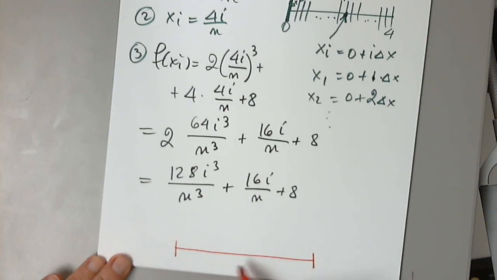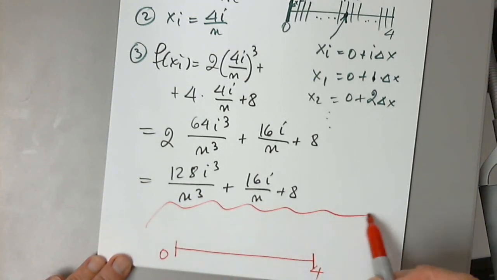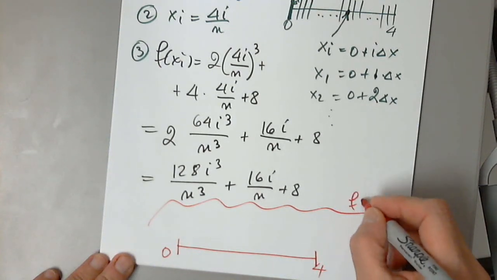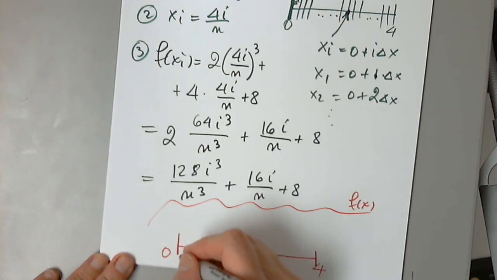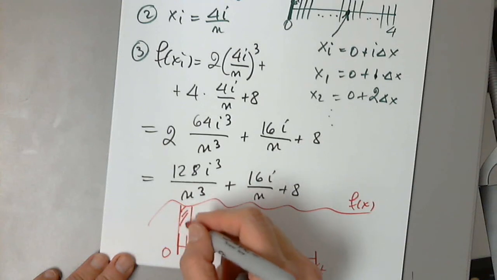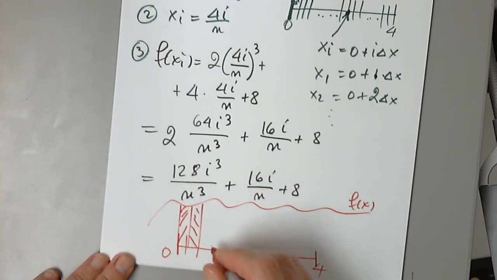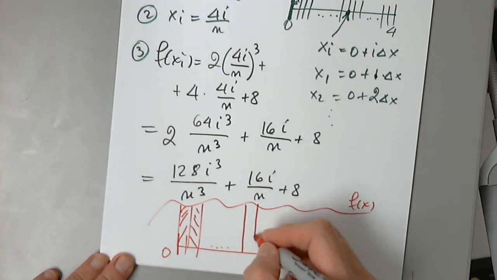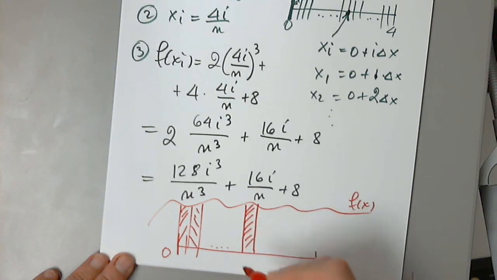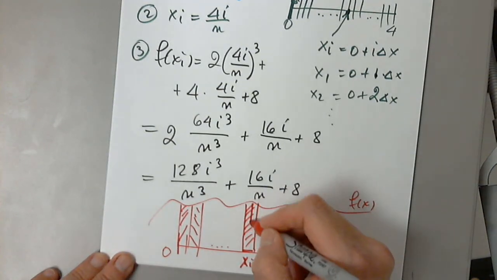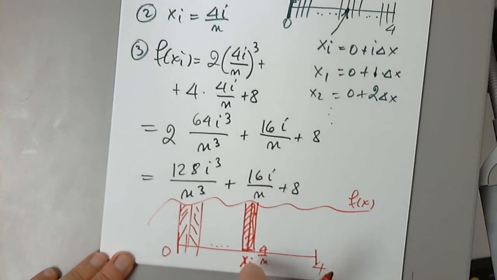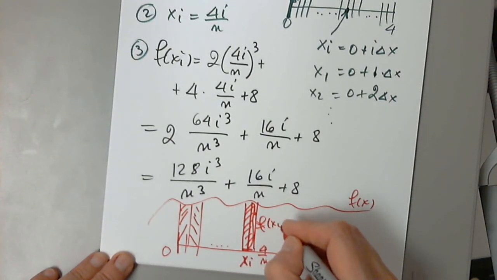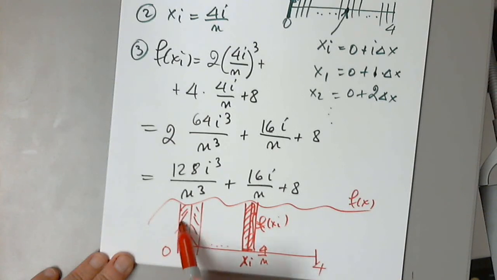So between 0 and 4, we have a function. This is our function, f of x. And I can determine the area of the first, I can determine the area of the second. But instead, I would like to have a generic interval, which I'm going to consider having x_i, the base, which is 4 over n, and the height, which is f of x_i, from the first subinterval to the nth subinterval.